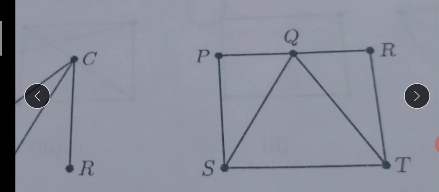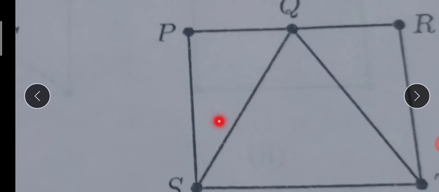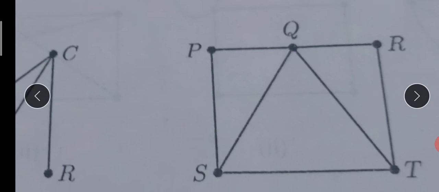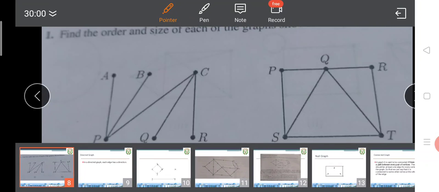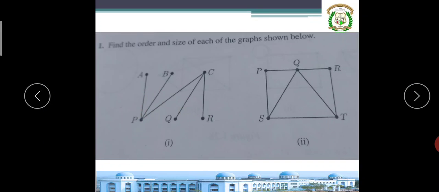The order is 5 and the size is 7. Now we have understood order and size.